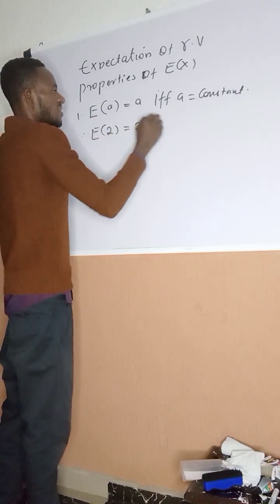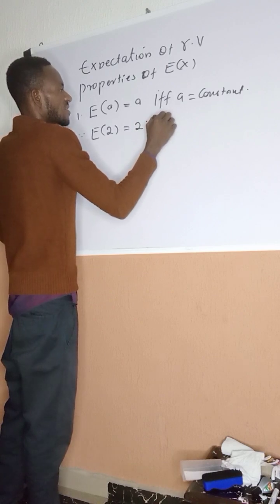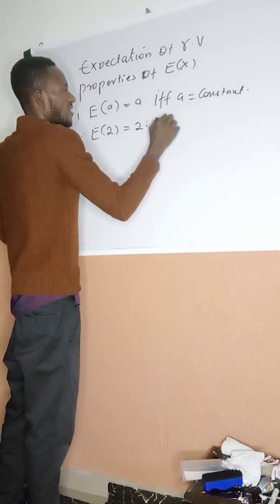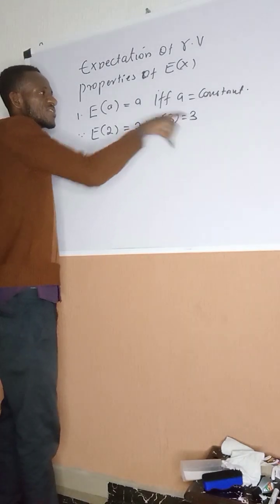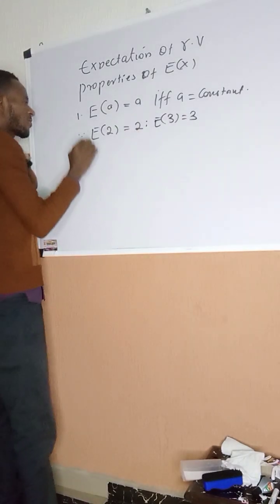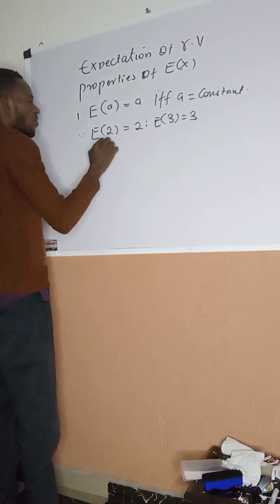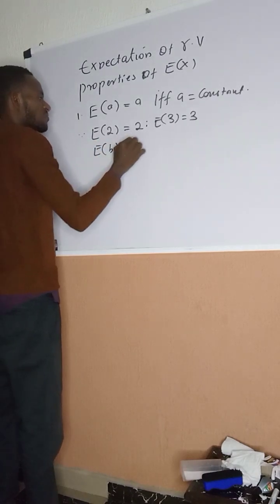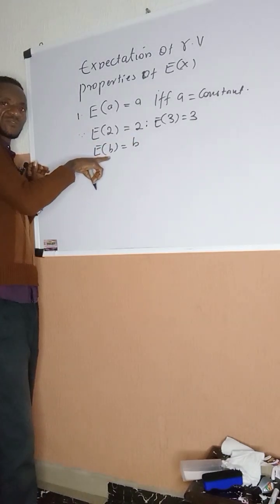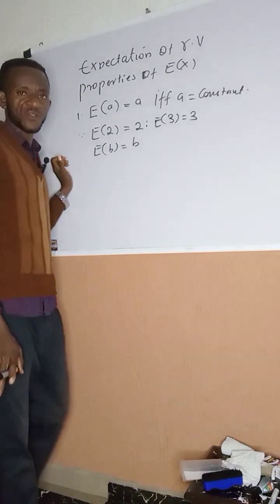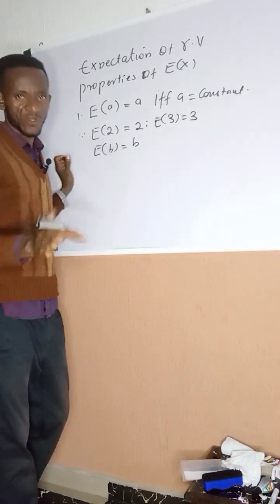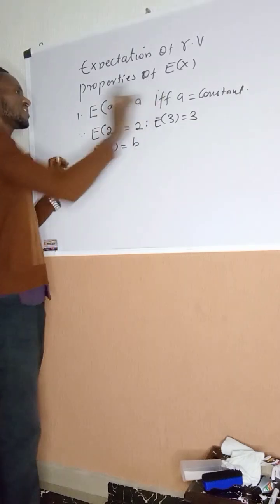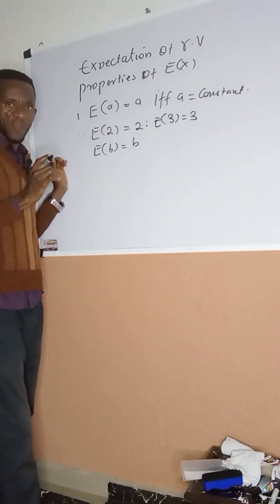Equally, E of 3 equals 3, in as much as this 3 is a constant. And of course, E of b equals b, with the information that b is a constant. So expectation of a constant is a constant. That is what is said in this property number one.